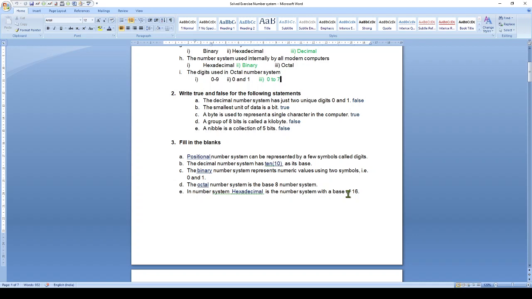So these are also symbols. 10 is written as A, 11 is written as B, 12 is C, 13 is D, 14 is E, and 15 is F. So like this, there are 16 different symbols in hexadecimal number system.